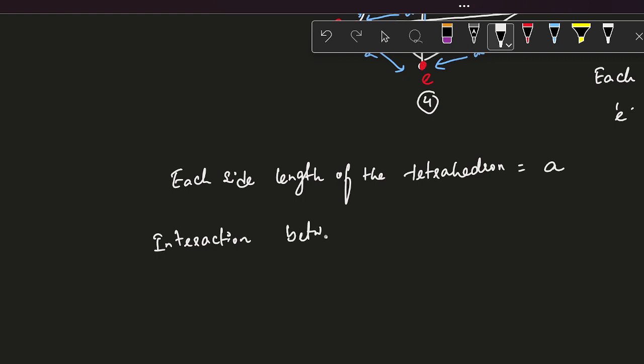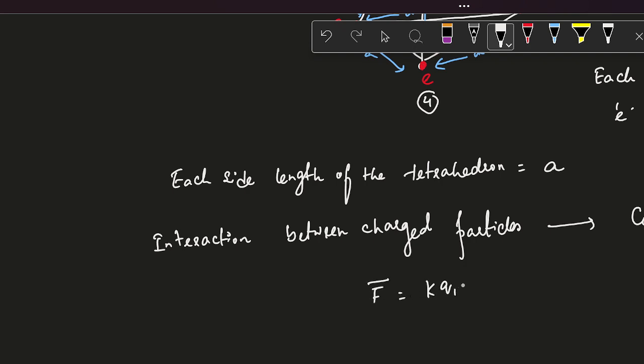So if it is an interaction between charged particles, because each of the labeled corners of the tetrahedron has a charge of E, this will be a Coulomb interaction, right? Coulomb interaction. And you know the general form of the Coulomb force, F is equal to some constant K, Q1, Q2 by R square.